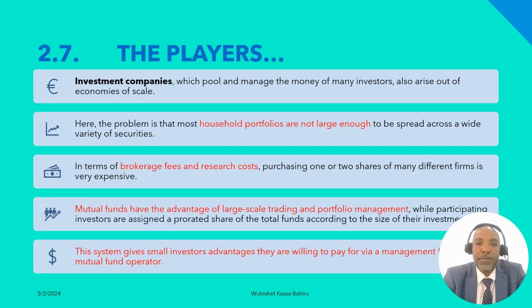So investment companies, which pool and manage the money of many investors, also arise out of economies of scale. Here the problem is that most households' portfolios are not large enough to spread across a wide variety of securities. So the smallness of the household portfolio is one of the problems.